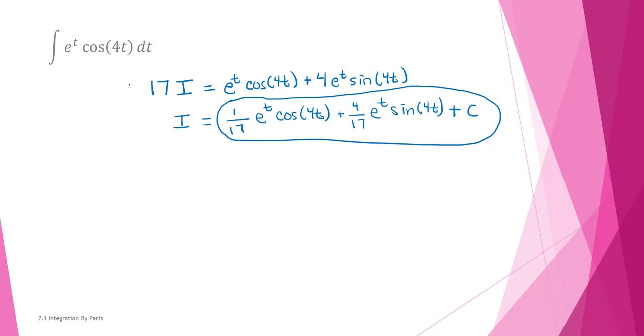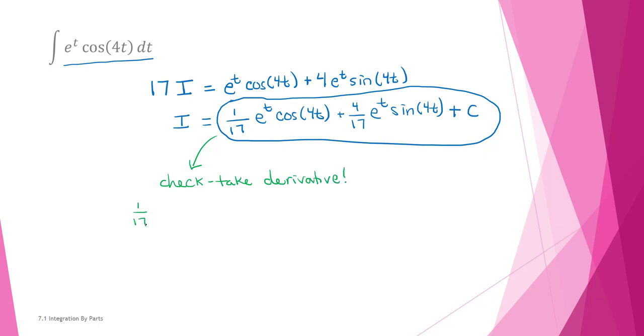Okay, so how do we check that this integral, e to the t cosine 4t dt, is actually equal to this function? Remember, an antiderivative just means that if I take the derivative of this, I should get e to the t cosine 4t. So to check, we're going to take the derivative.